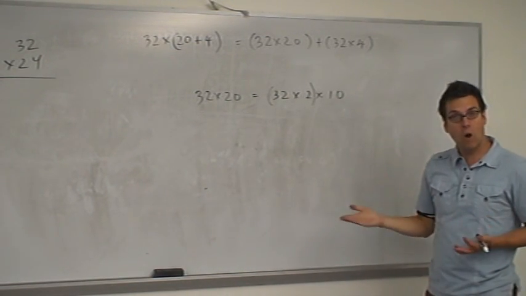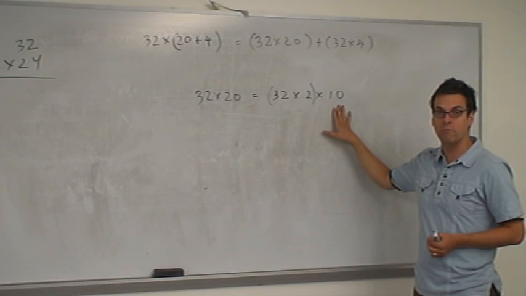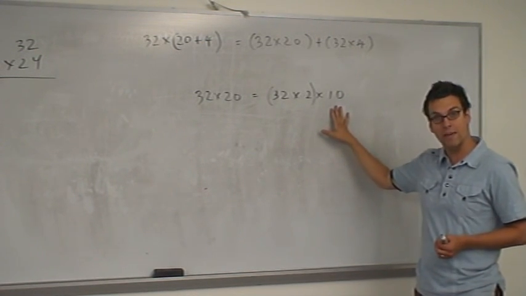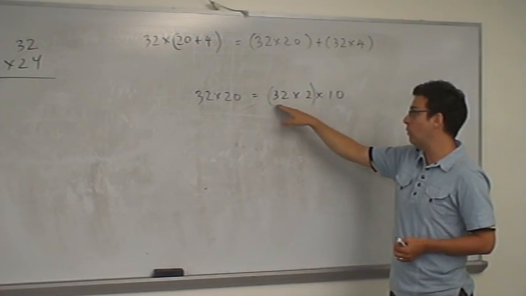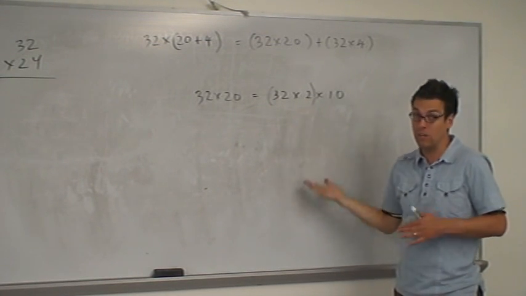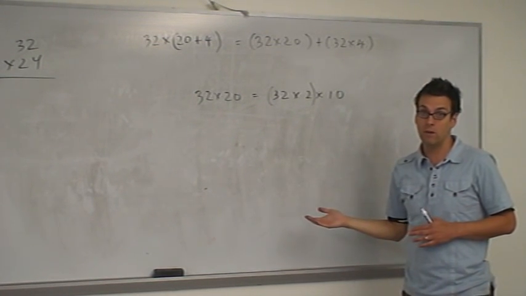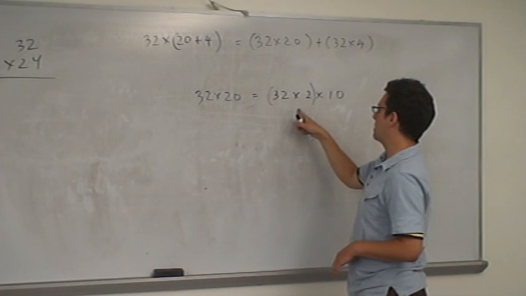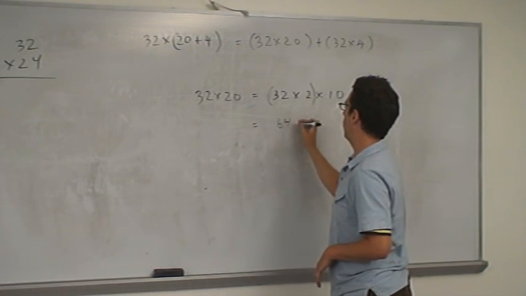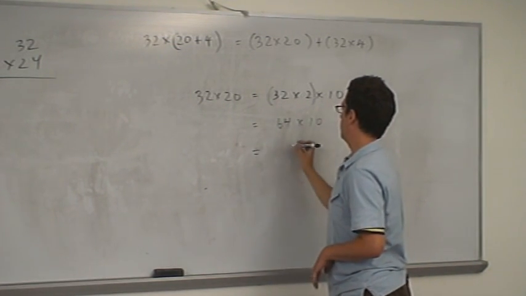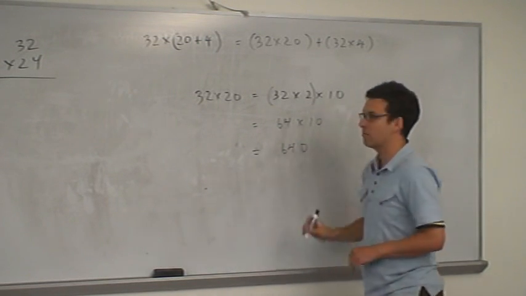Since we already know how to multiply by 10, it just involves a place value shift of one place. Then really, if we know the answer to 32 times 2, we really know the answer to 32 times 10, right? And since 32 times 2 is equal to 64, 32 times 20 is equal to 640.